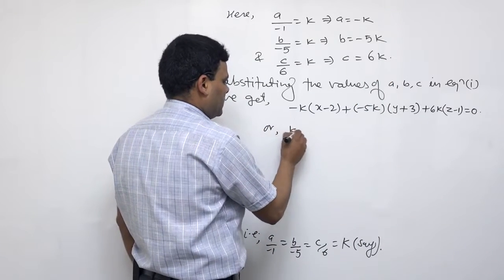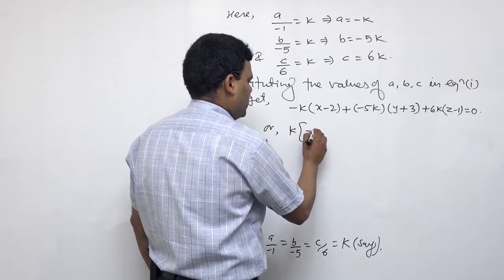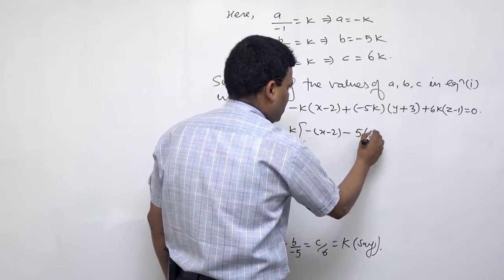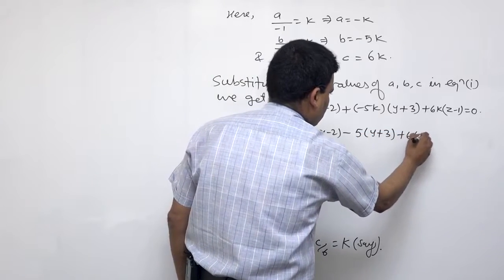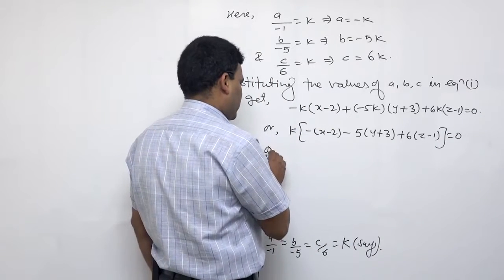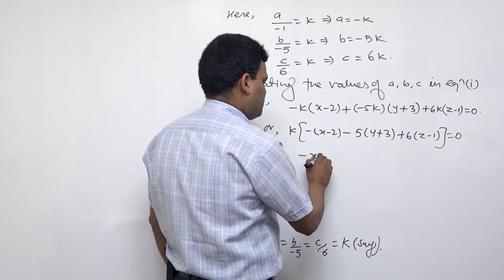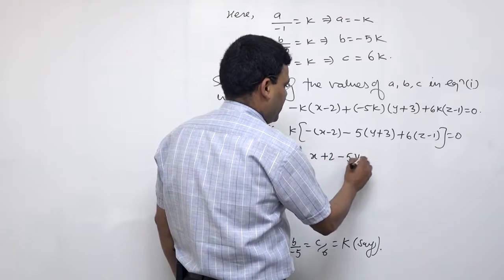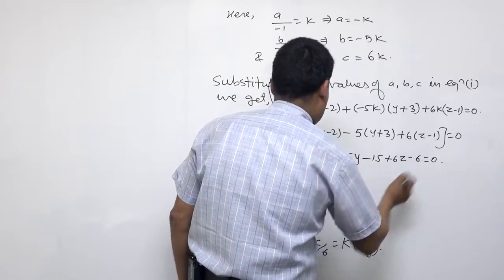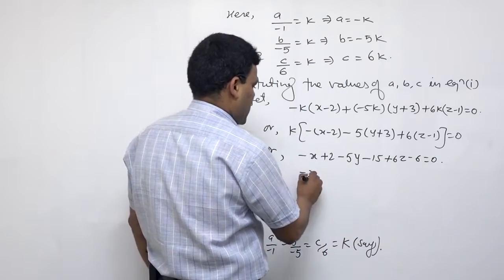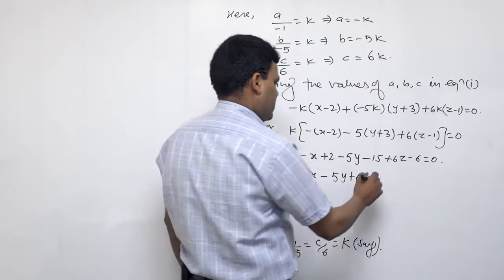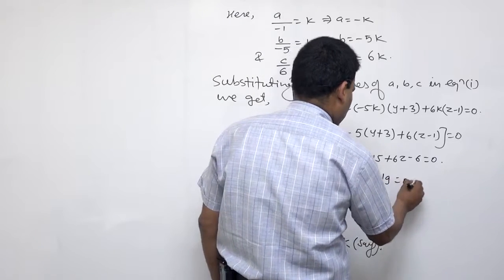Taking k common, minus 1 into x minus 2 plus minus 5 into y plus 3 plus 6 into z minus 1 equals to 0. Dividing both sides by k, we get minus x plus 2 minus 5y minus 15 plus 6z minus 6 equals to 0, or minus x minus 5y plus 6z minus 19 equals to 0.